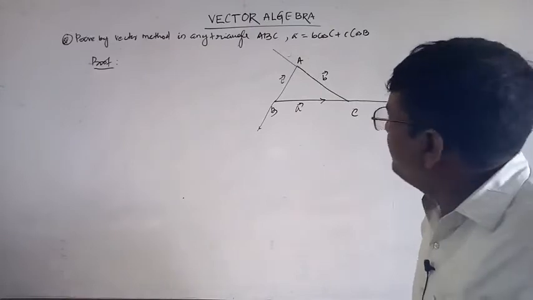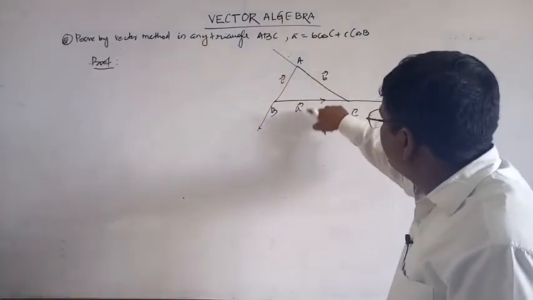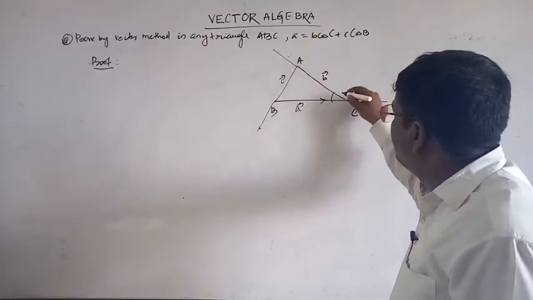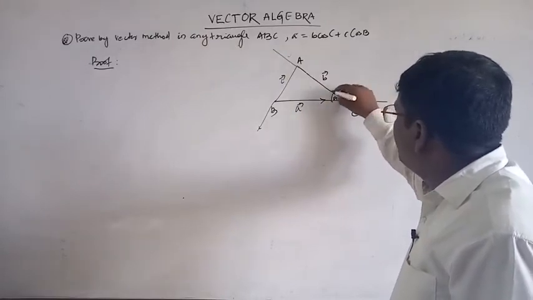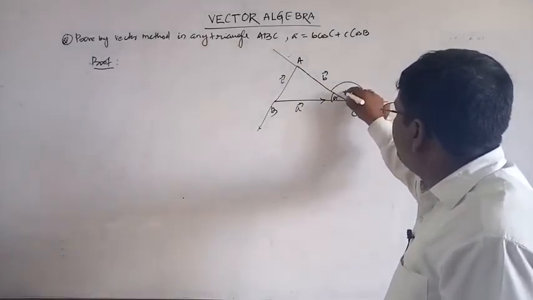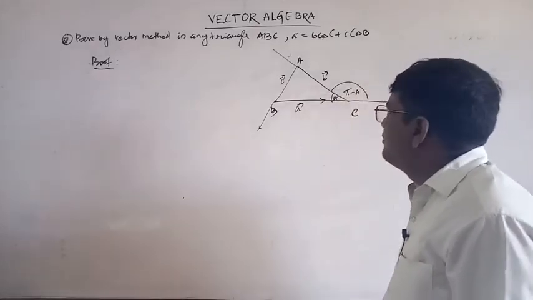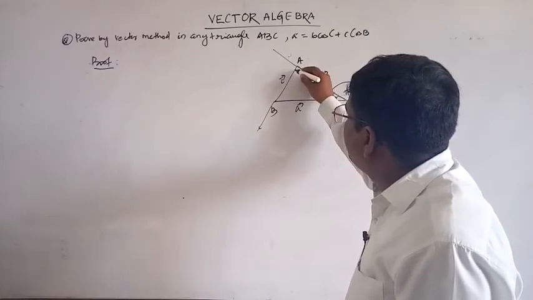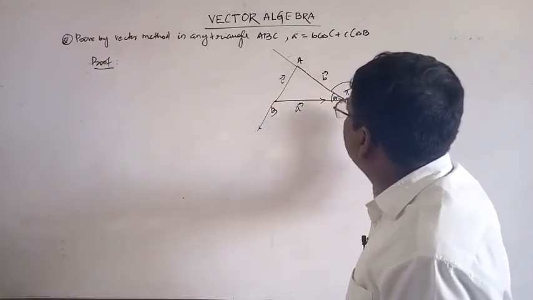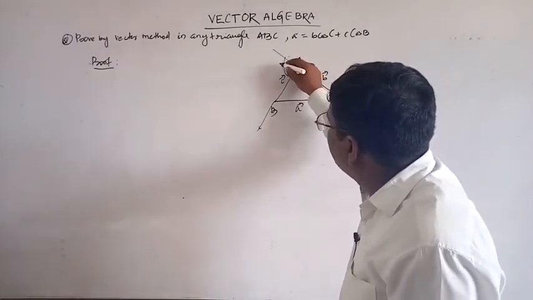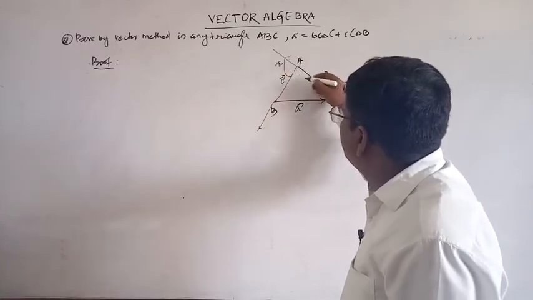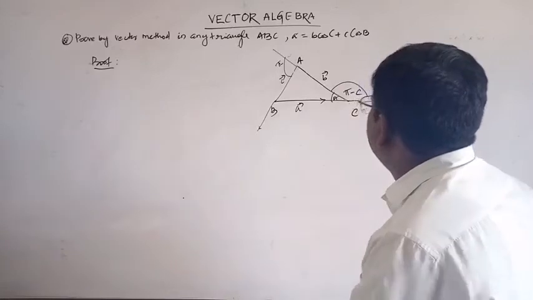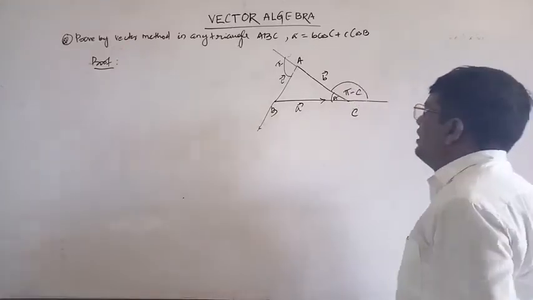Now the angle between A and B is this. Suppose this is capital A, and this is pi minus A. Similarly, the angle between C vector and B vector, this is pi minus C.